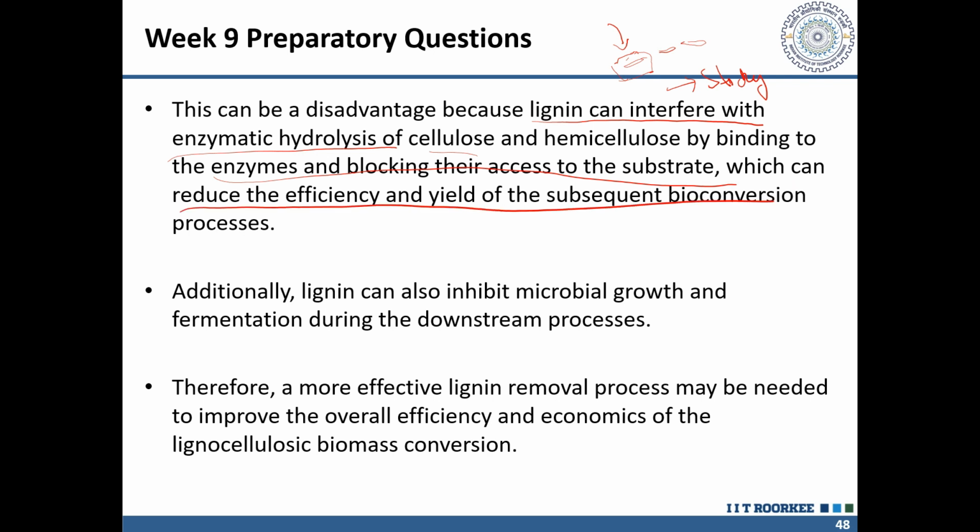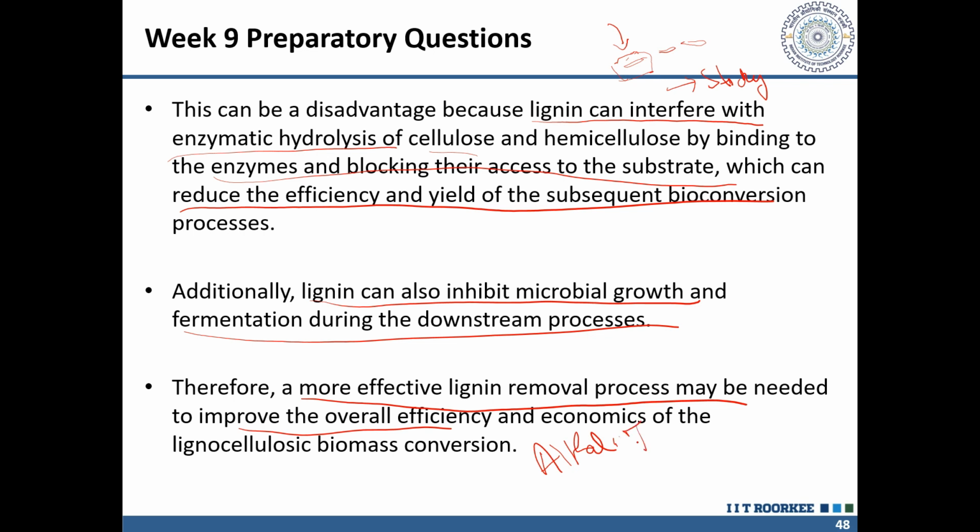bioconversion process. Additionally, lignin can also inhibit microbial growth and fermentation during the downstream process. Therefore, a more effective lignin removal process may be needed to improve the efficiency. So, alkali treatments are mostly used.